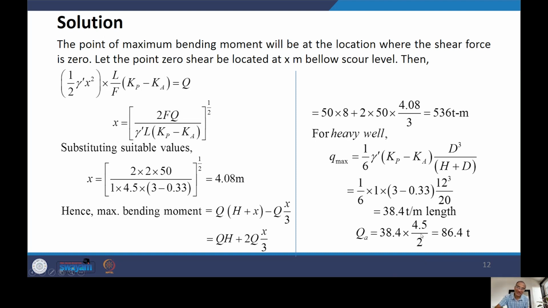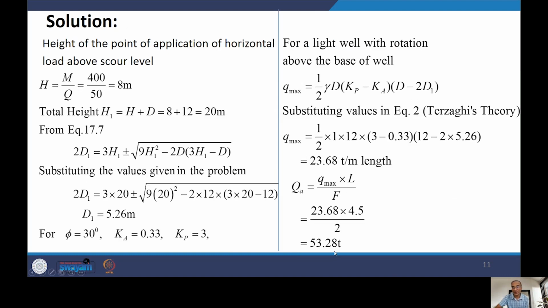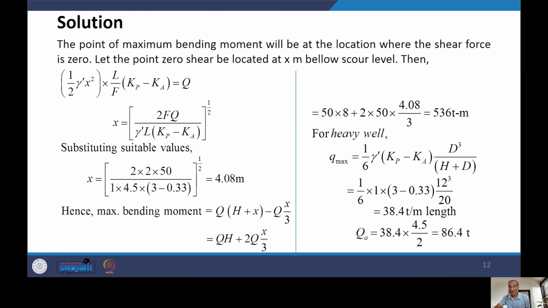Now you could see this allowable load of 86 was for the heavy well case. But earlier for QA you got 53.28 ton. So that means in this case, when you assume that the point of rotation is not at some height, rather it is at the base, the allowable soil pressure QA will be higher.